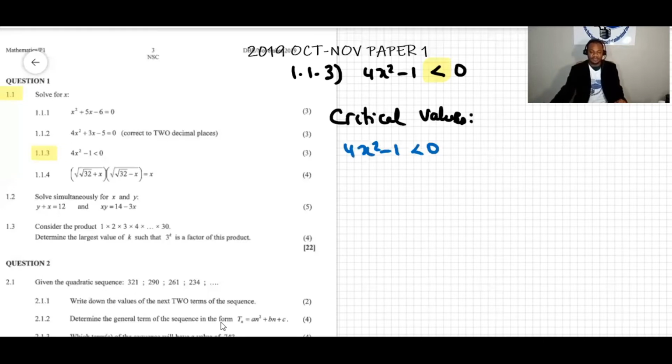Notice that 4 is a square number, x squared is also squared, and 1 is also a square number. So we can write it like (2x) to the power of 2 minus 1 to the power of 2, lesser than 0.